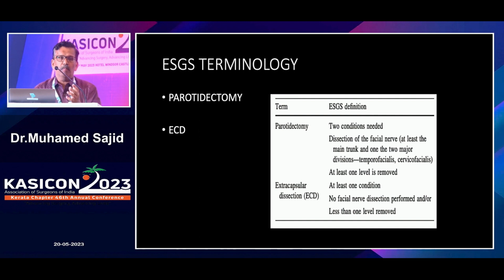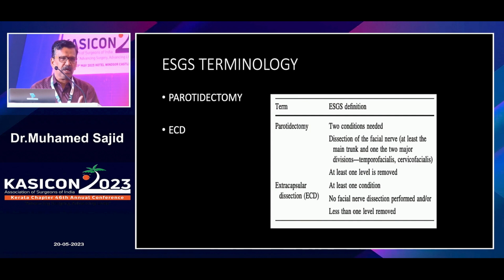So what is parotidectomy? The moment we start identifying the facial nerve and dissect off the facial nerve and then do a parotidectomy, that is classically described as a parotidectomy. But when we do not identify the facial nerve and then do a dissection of the levels, and the dissection need not even be a complete dissection, a partial dissection of a level is also considered an extracapsular dissection.